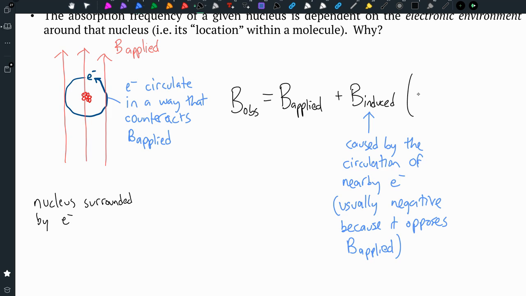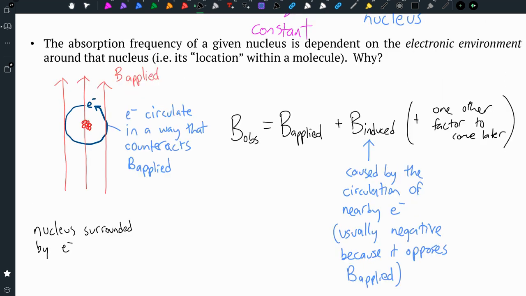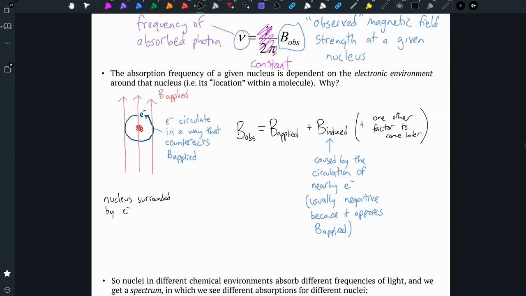And I will say there is one other factor to come later. But we can understand this observed magnetic field as being a function of the applied magnetic field and then this induced magnetic field.